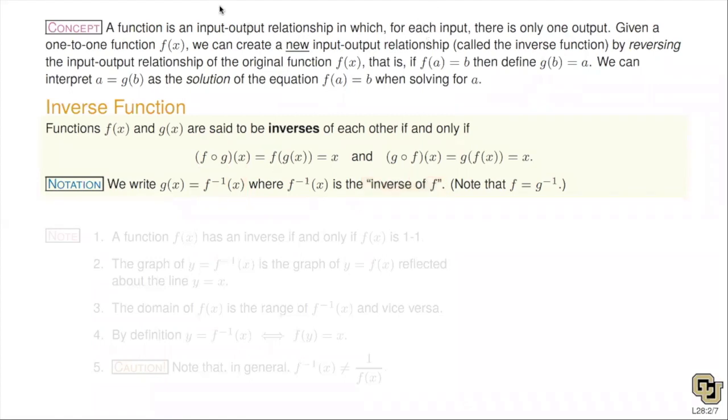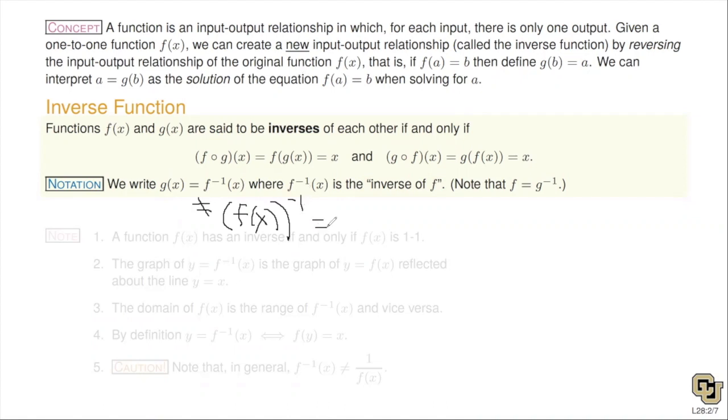Be careful, this is not a reciprocal, okay? So here, this is not the same. I'm going to put a not equal to, and I'm going to put a big parentheses here, do an f of x, put another parentheses, and put a -1 on the outside.